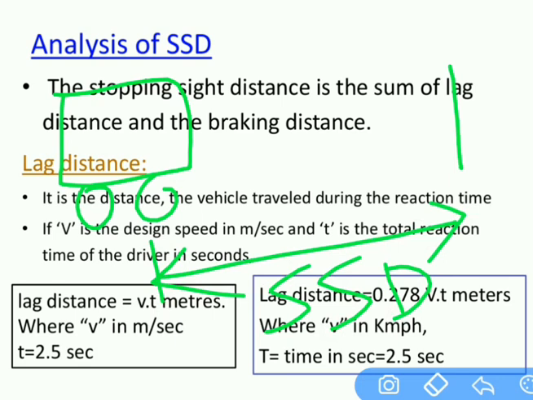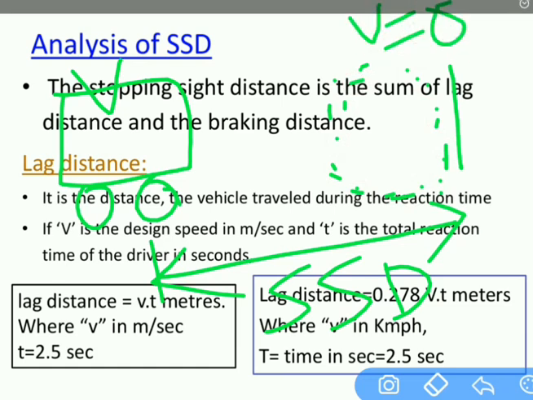Maybe this vehicle is having some speed. Definitely after some time I want to stop my vehicle. That's why my vehicle may be here, which means the final velocity will become 0. This total sight distance we can divide into two distances.